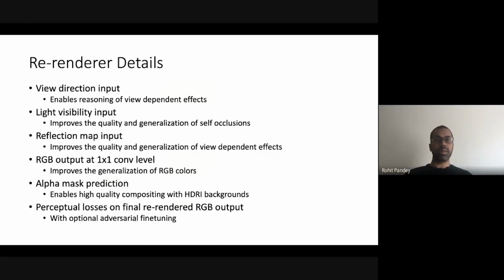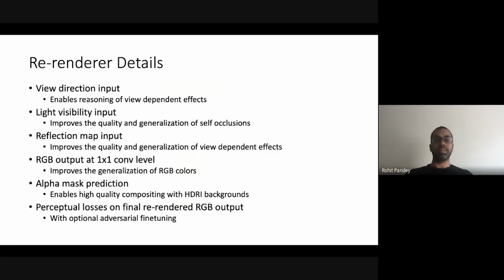So some cool things about the re-renderer is that, as I mentioned, the view direction input is the same as the feature extractor. It enables the network to reason about the view-dependent information that is present in the gradient images. The light visibility input improves the quality and generalization of self-occlusions, because this visibility map actually factors in geometry, and self-occlusions would be present there. Similarly, the reflection map input improved the quality and generalization of view-dependent effects for us, and enabled us to synthesize view-dependent effects at the one-by-one convolution level.